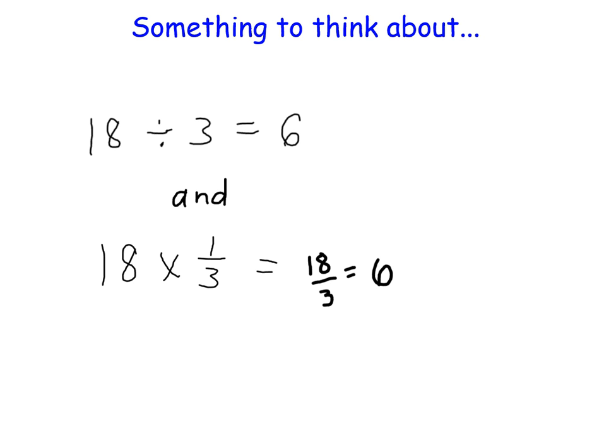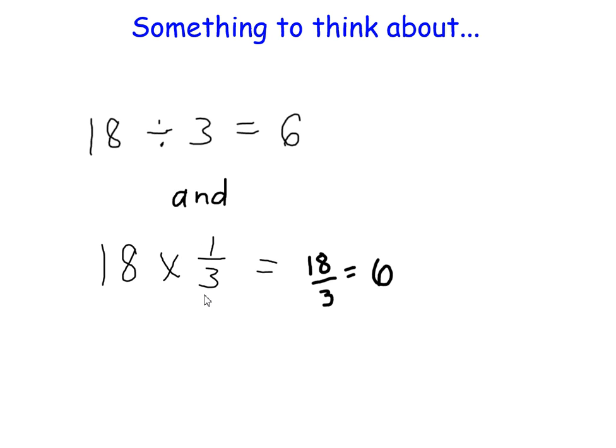So one more thing to think about before we look at the steps of dividing fractions and mixed numbers is this example here. 18 divided by 3 we know is 6. What if I presented the multiplication problem though of 18 times 1/3?